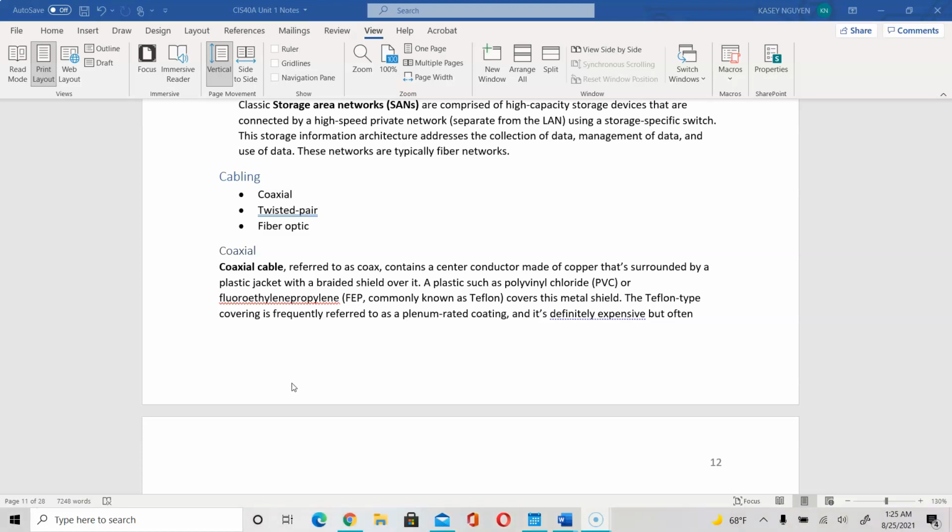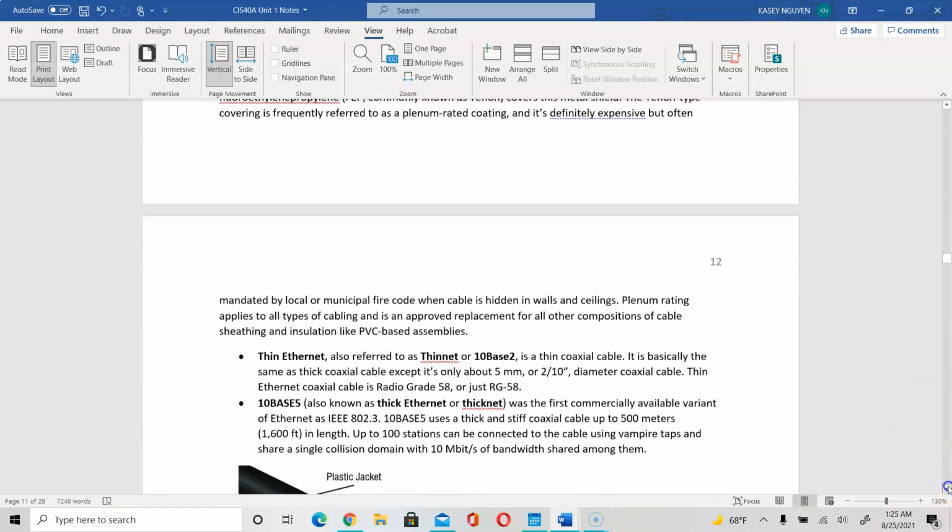So a coaxial would have a center, what's called a conductor, that is surrounded by the plastic jacket, and there will be a braided shield, a wire mesh that's around it. So here it gives you the material that goes into the coaxial cable, and it's very commonly used even in today's world.